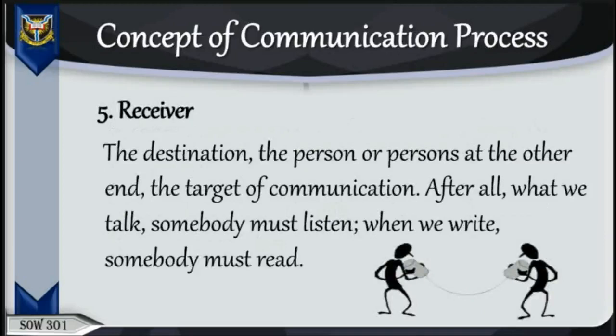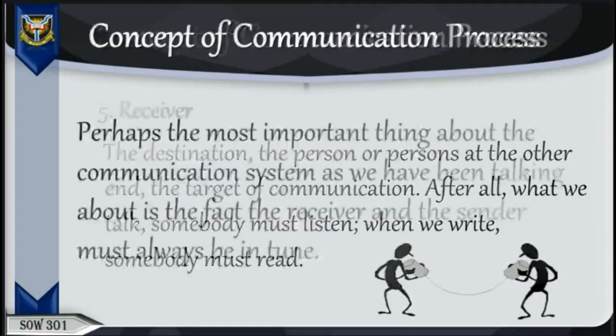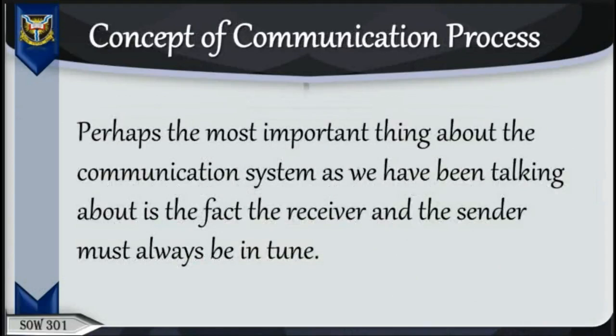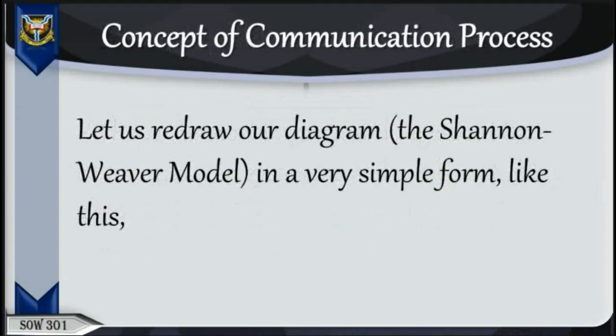After all, when we talk, somebody must listen. When we write, somebody must read. Perhaps the most important thing about the communication system is the fact that the receiver and the sender must always be in tune. Let us redraw our diagram, the Shannon-Weaver model, in a very simple form, like this.